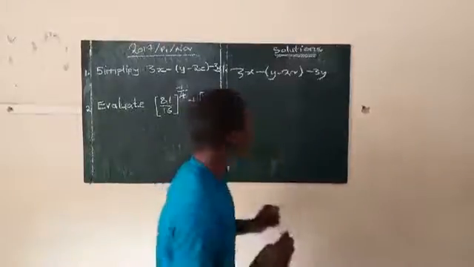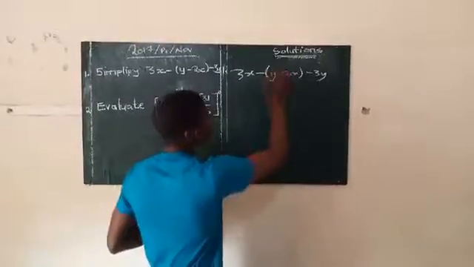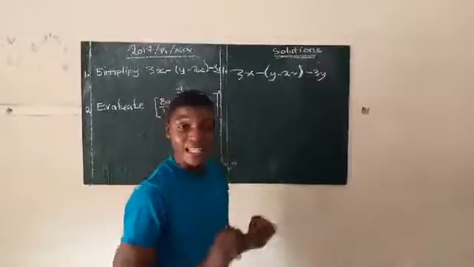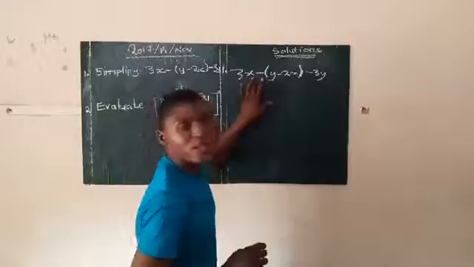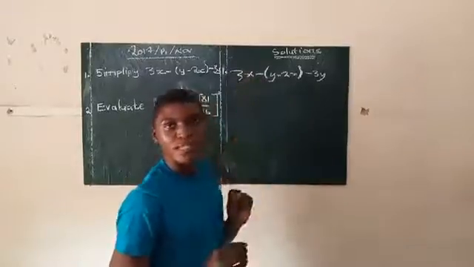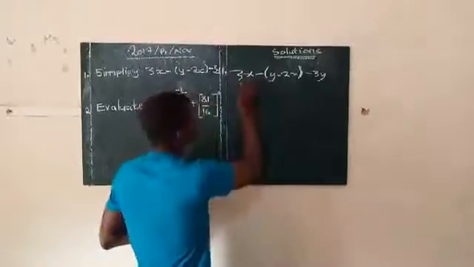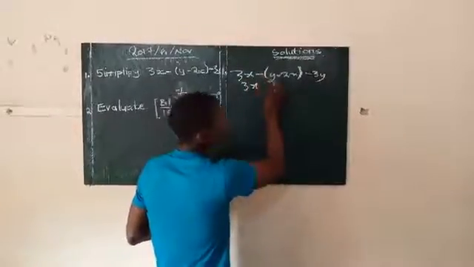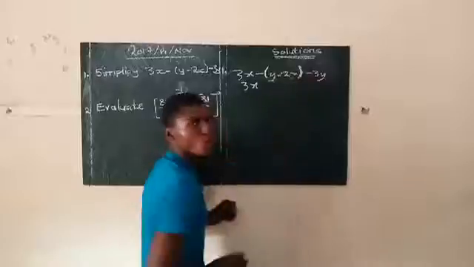So the first thing is look at the brackets. Before you do anything else, try to distribute the sign that is outside the brackets. So you bring down the 3x, then this sign will distribute to both y and 2x.